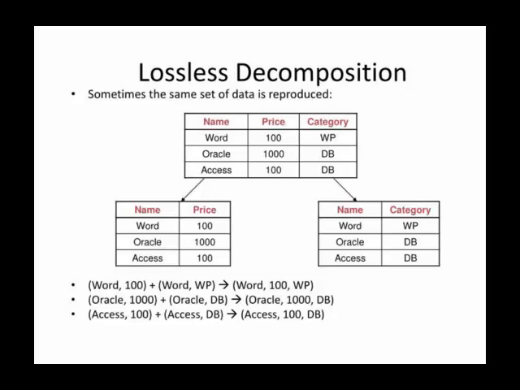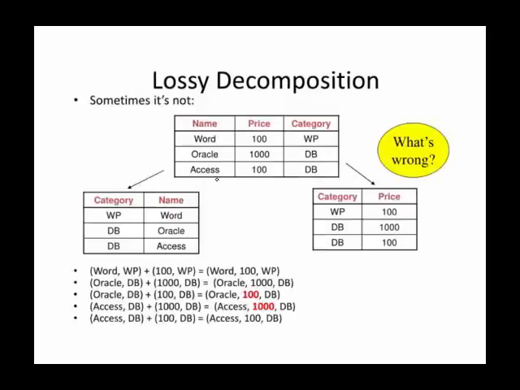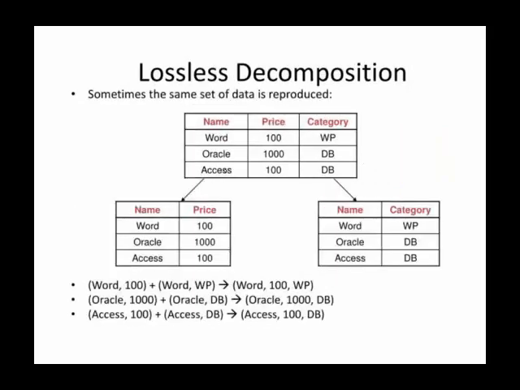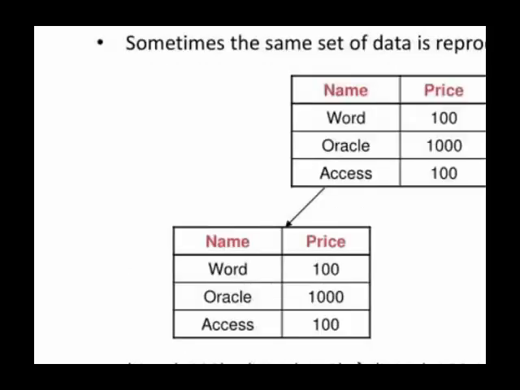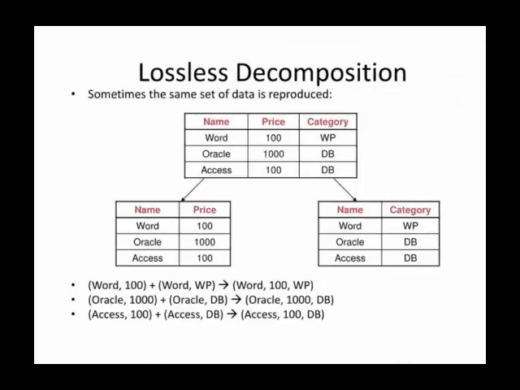We try to decompose it into two tables. First we choose attribute name as the intersection.